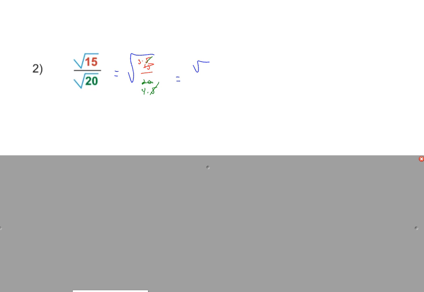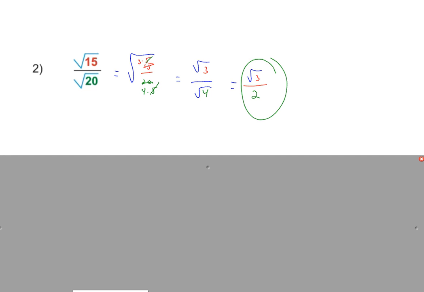Then you split it back up. Would you agree that's where we're at right now? Finish it. Can you do anything to the top? No. It just stays. But can you take the square root of 4? Sure, and it's a 2. And we end up with the square root of 3 over 2.